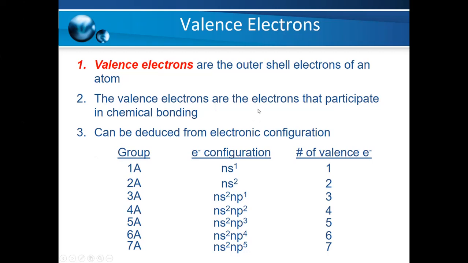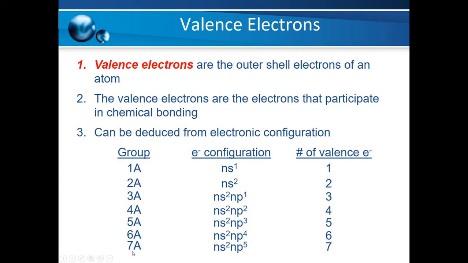So what is the valence electron? Valence electrons are the outer shell electrons of an atom. The valence electrons are the electrons that participate in chemical bonding. For example, group 1 has the configuration ns1, so the valence electron for group 1 is 1.